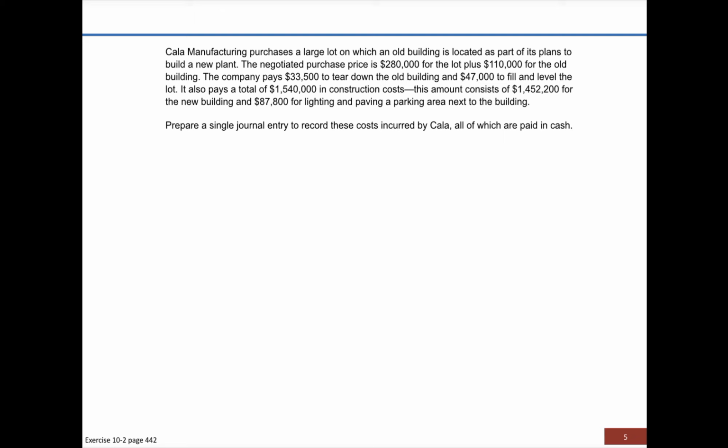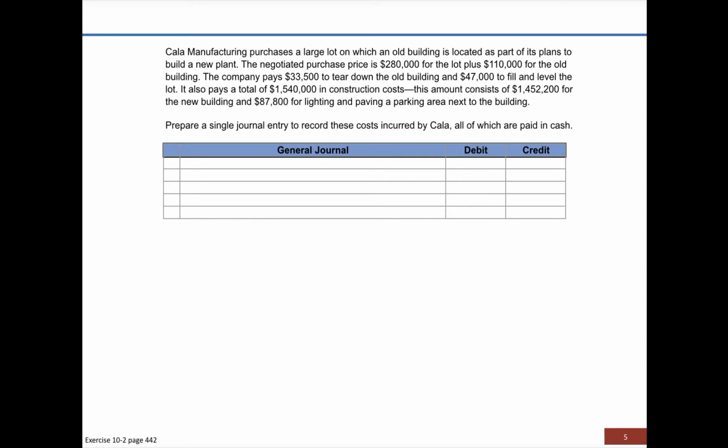And what do we need to do? Well, we first need to determine if all these costs are going to go into the same asset category. And if so, then we will debit the asset category that they go in, and we will credit cash there. So if you remember, we said that there's a bit of a caveat when you're looking at a purchase that involves land with building and other such items, because the land obviously has to be handled separately.